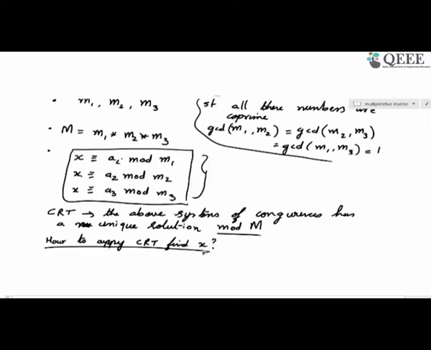The first thing is that we are going to define these terms: capital M1 equal to capital M divided by small m1. That will be m1 into m2 into m3 divided by the small m1. So the small m1 gets cancelled, leaving only m2 into m3.